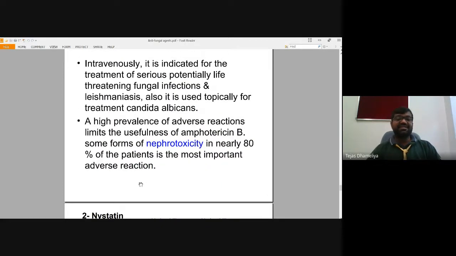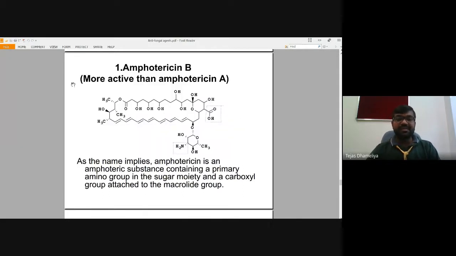But the side effect of this is that it can cause nephrotoxicity. It is used for many kinds of fungal infections, such as those due to Candida albicans. One more good thing about amphotericin B is that it was discovered in 1956 by a scientist named Gold et al.